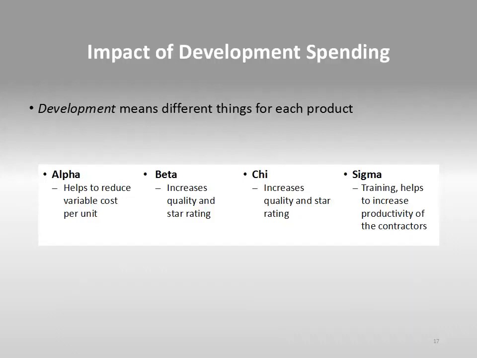There are 5 levels of star, 1 through 5, and the more you spend money on development, the higher the star rating. Everyone starts off with 3 stars for both beta and chi. And finally, with sigma, when you spend money on development, you make your contractors more efficient. You're training them, and therefore you'll need less contractors per contract.